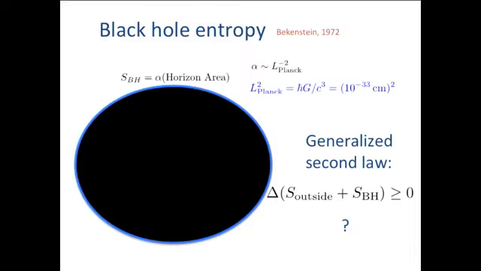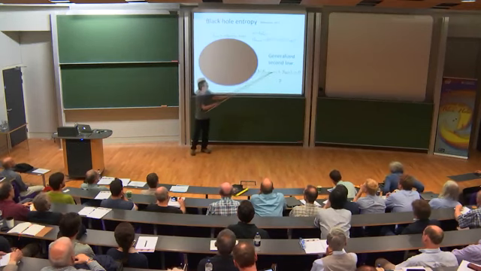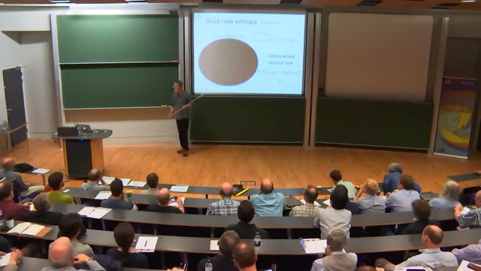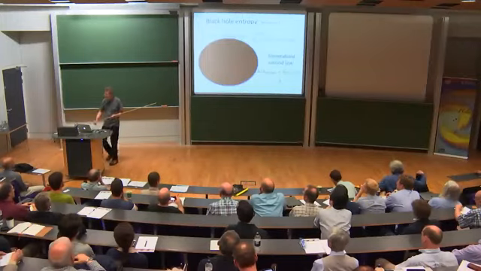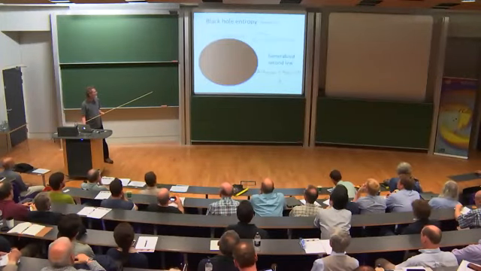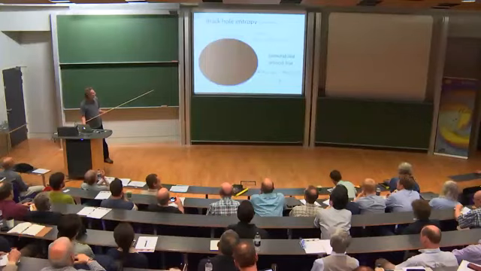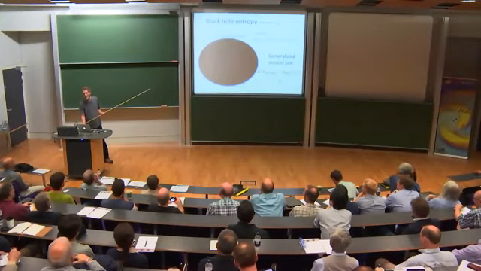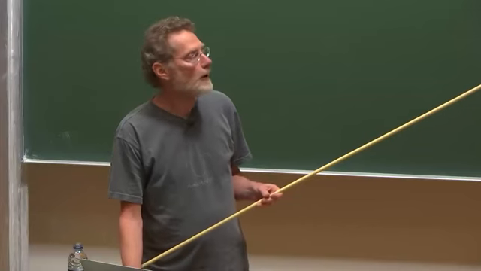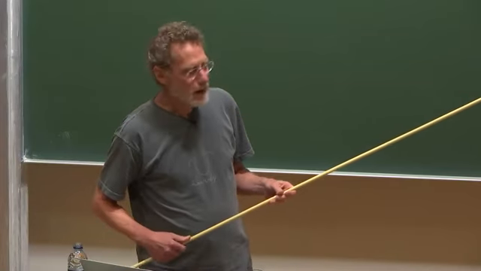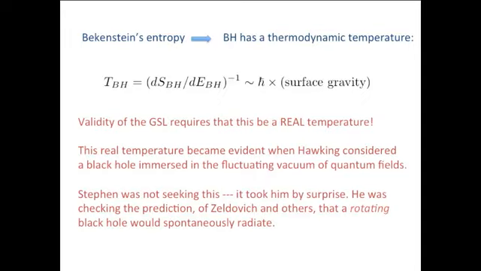And he proposed a generalized second law: although the entropy outside can go down, if you add to it the black hole entropy, then the sum can never go down. So the change must be non-negative. But there's a problem with this, which is that it basically couldn't be true, because you could associate a temperature with the derivative of entropy with respect to the energy of the black hole.